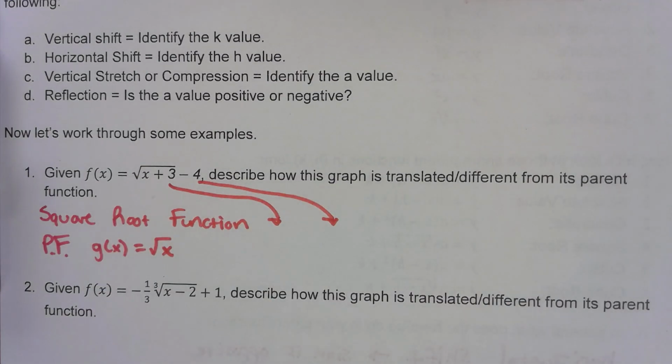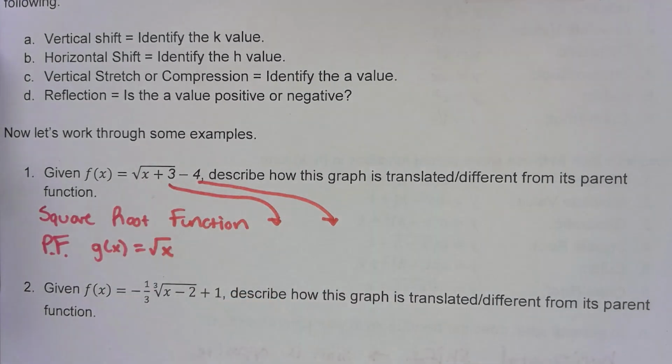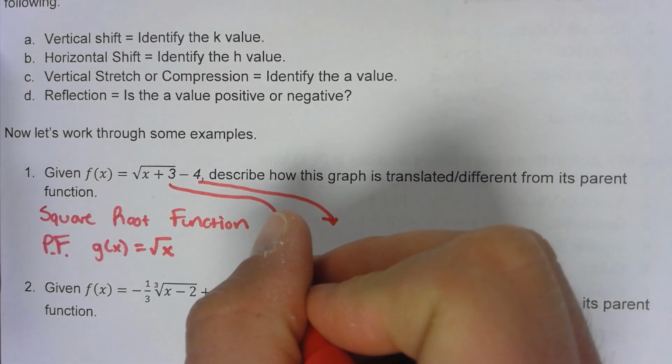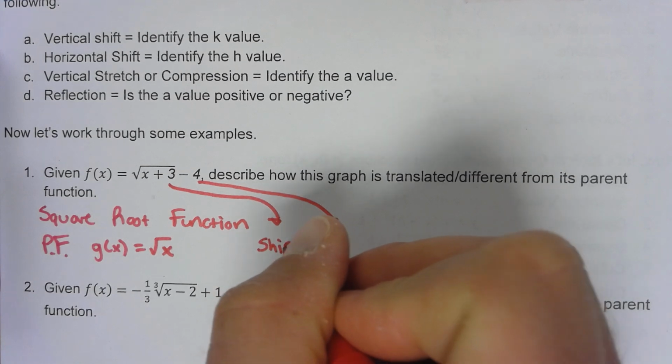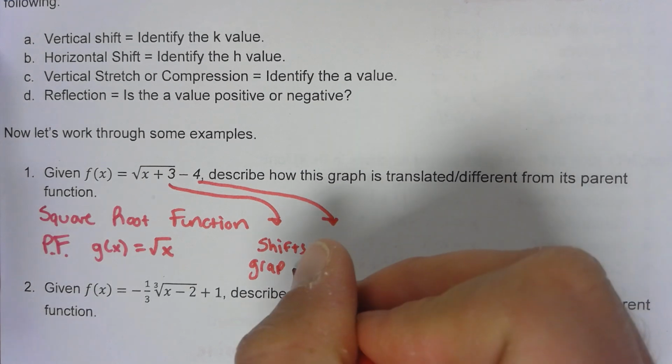It's being added on to the x. That sign is opposite. Usually if we see a +3 and think about how x can move in a positive direction, we would think that moves right, but the sign is actually opposite. So this +3 shifts the graph left 3.